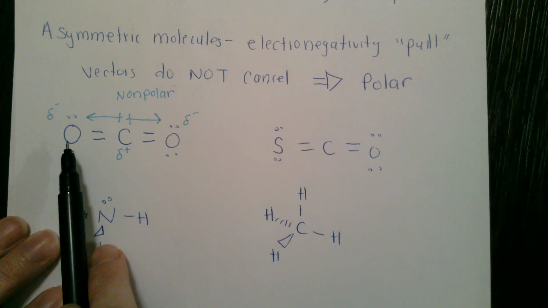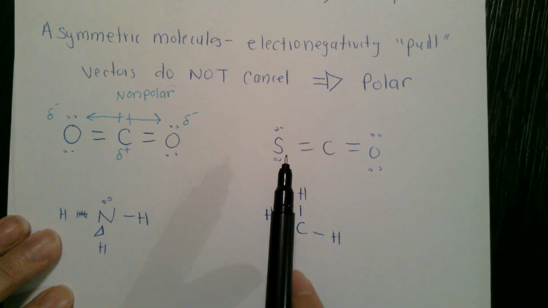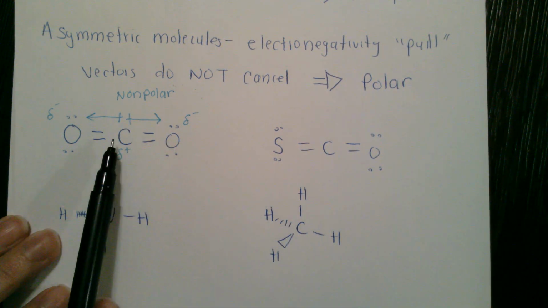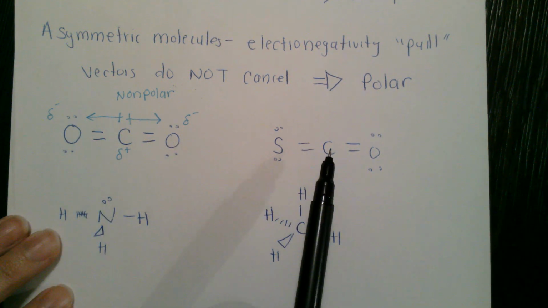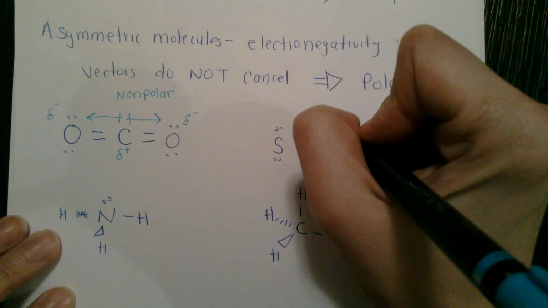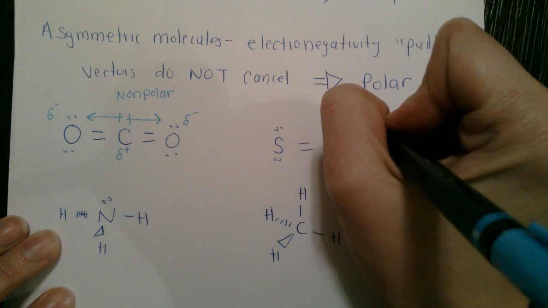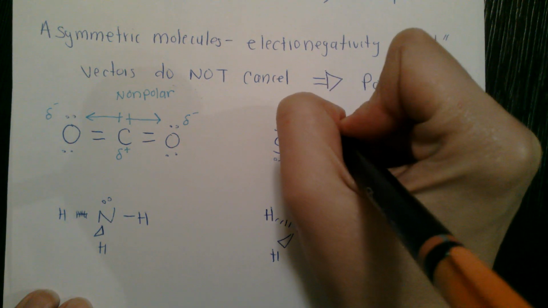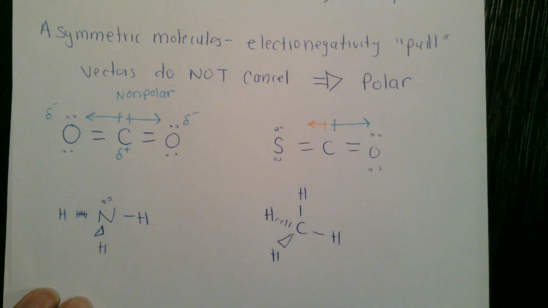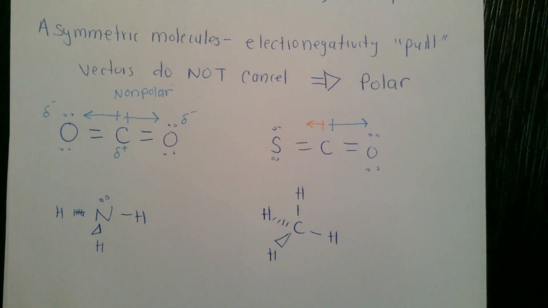What if we take oxygen away and replace it with a sulfur? You can see that the first one is symmetric. You have the same atom on each end. This one is not. This has a very strong pull, so we'll do it the same. Sulfur is not nearly as electronegative as oxygen, so it's going to have a very weak pull. I'll make it a different color, and I'm going to make the arrow a lot shorter.